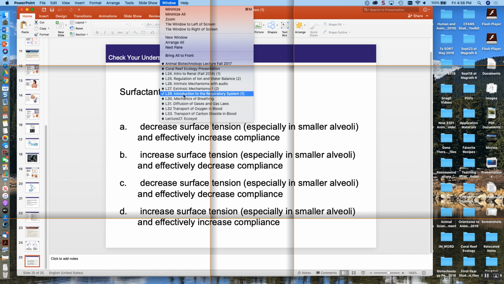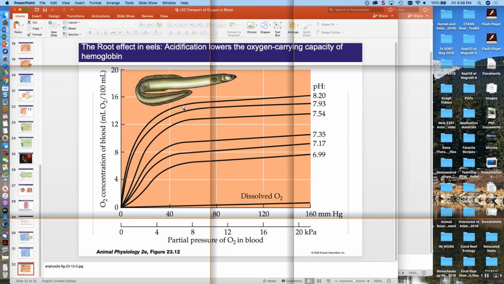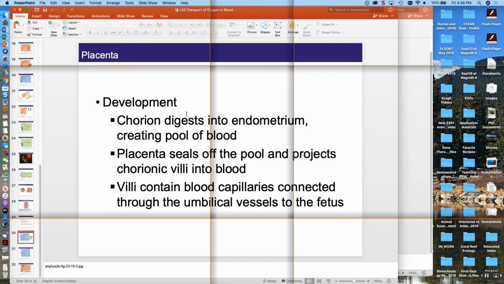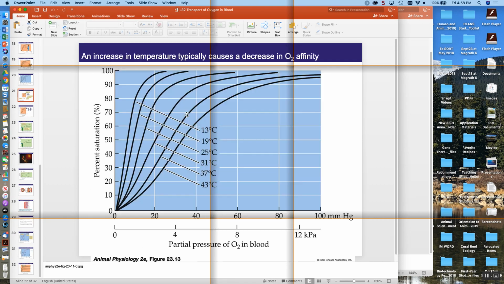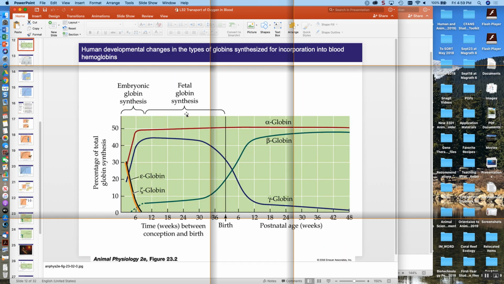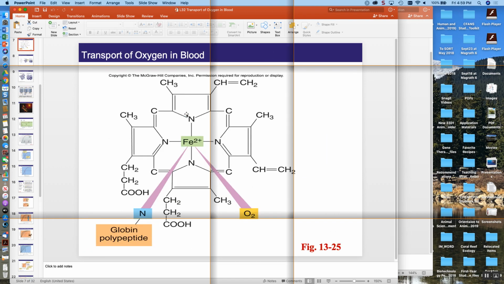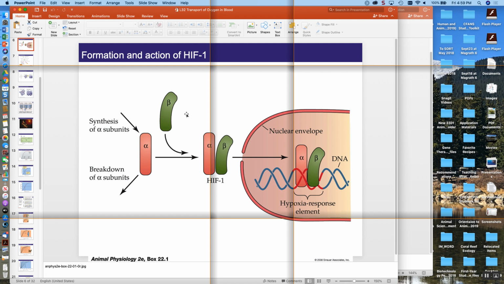Everybody should know what hemoglobin is. I'll just go through it again. It's a molecule that is in your red blood cells that carries oxygen from the lungs to the tissue. It has 4 heme groups. Each of those heme groups can bind one oxygen molecule. So essentially, one hemoglobin molecule can carry 4 oxygen.